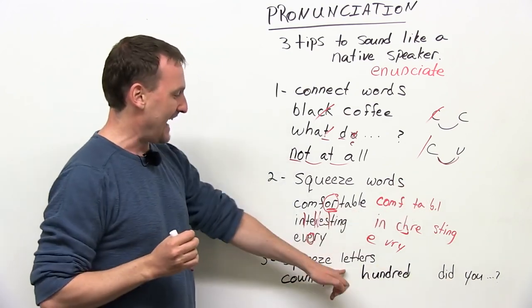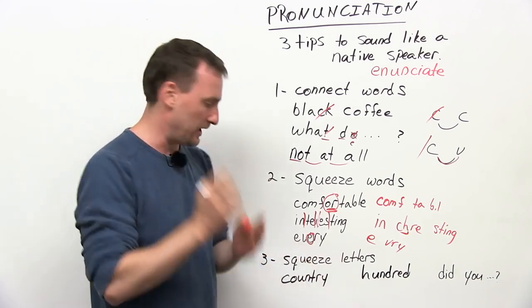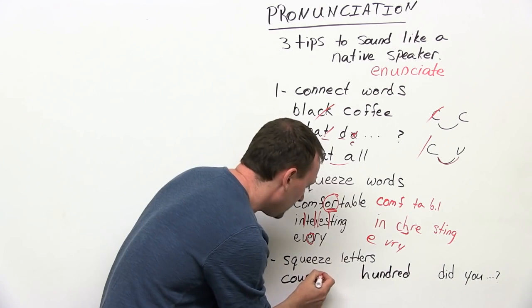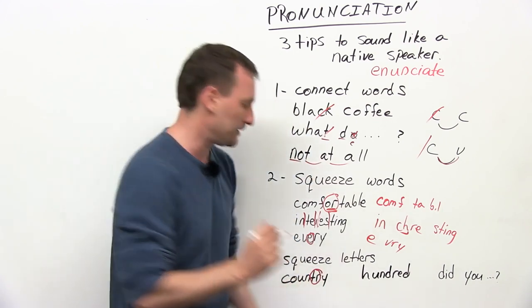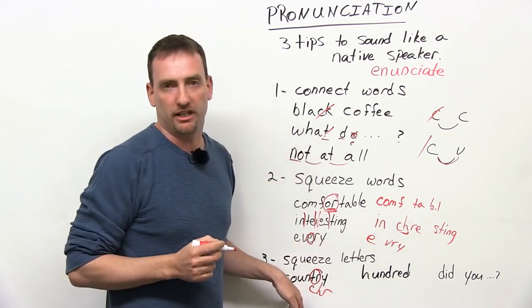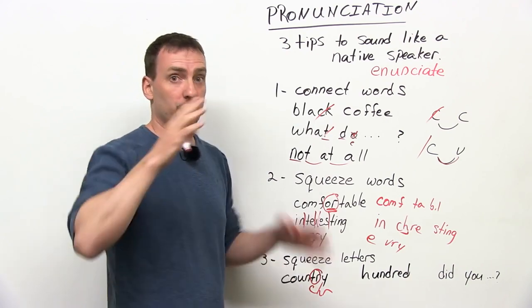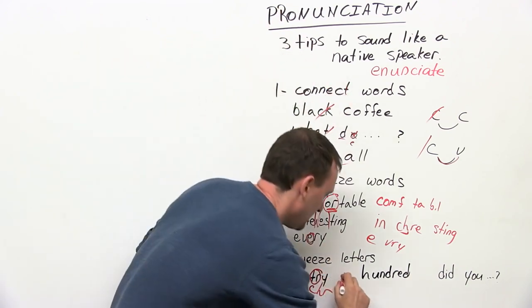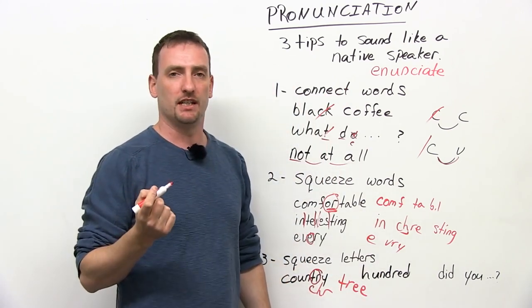Okay? Last, squeeze letters. Now, this is particularly true for a few letters. When we have TR together, it usually sounds like CHR. So we don't say country, we say country. Like a tree that grows, but even a tree is chree.